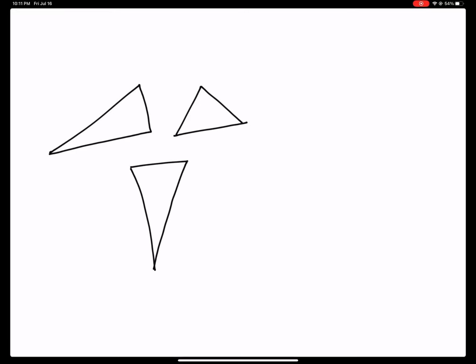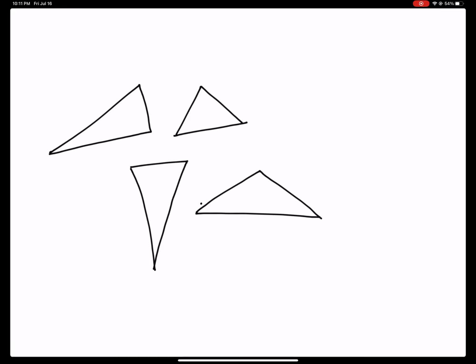Now let me draw some triangles. What do you notice from these shapes? What attributes do they share? All the shapes are closed shapes.